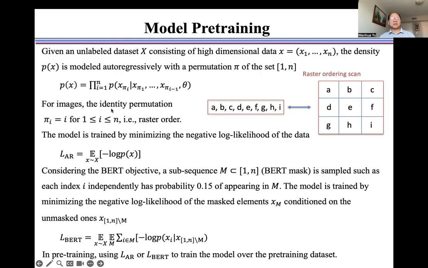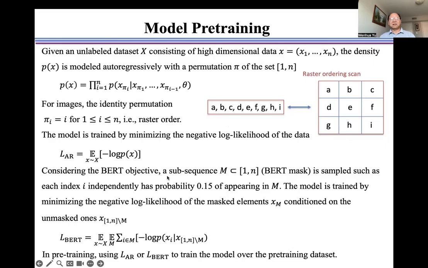For images, the identity permutation pi_i equals i is selected, namely raster order. As shown here, this is the raster ordering, this is the 2D distribution, and this is the 1D sequence. The model is trained by minimizing the negative log likelihood of the data, as shown here.